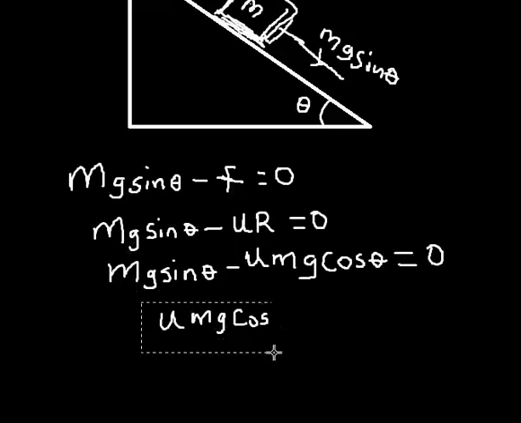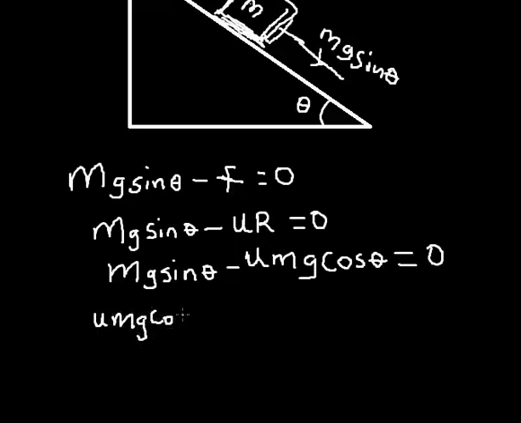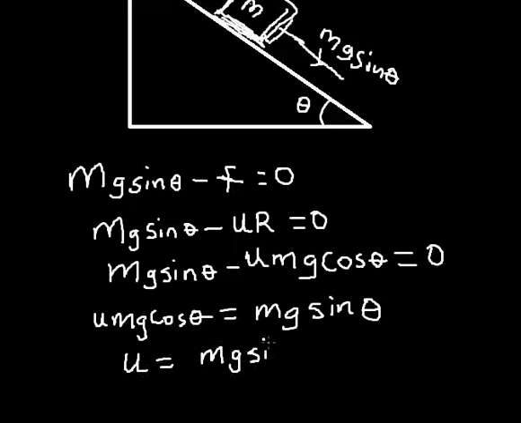So from here I can get my coefficient, which of course is mg sin theta, then I divide it by the whole of this, mg cos theta.